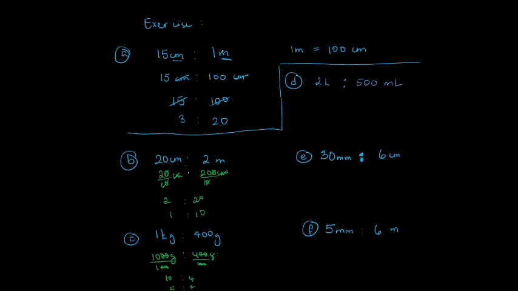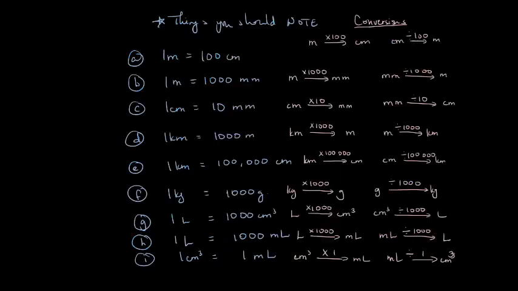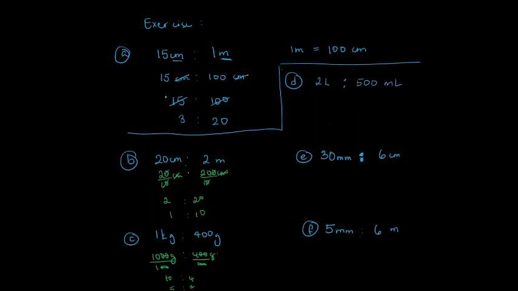And so we could compare centimeters, or we could go into 15 centimeters is indeed equivalent to 100 centimeters, like what we saw over here. It says 1 meter is equal to 100 centimeters. And so we converted the 1 meter to 100 centimeters. So we see 15 is equivalent to 100, and the units can cancel now. And we see this can be brought down to 3 and 20.